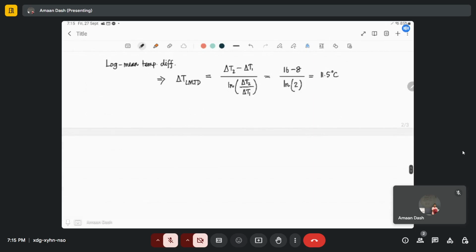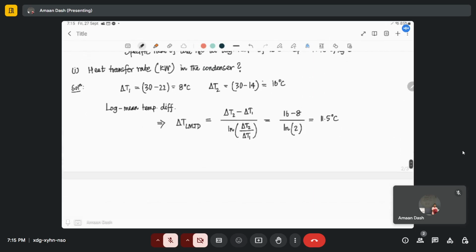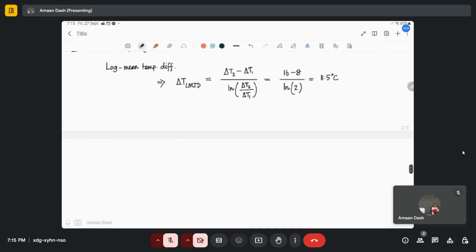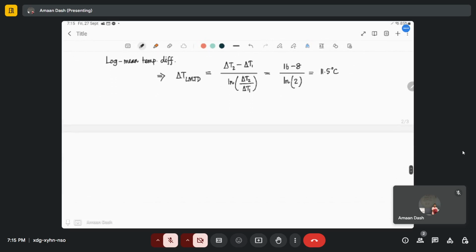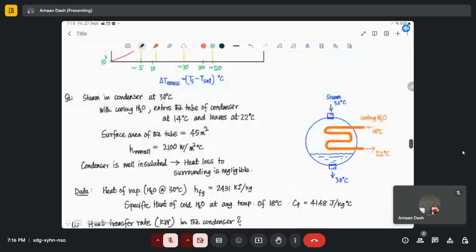Since you have calculated the log mean temperature difference, now you can calculate the heat transfer rate. Heat transfer rate Q dot is equal to the overall heat transfer coefficient times A times delta T LMTD. Instead of H overall, we can write U, it will be better.